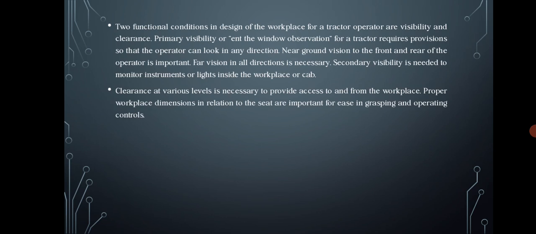Secondary visibility is needed to monitor instruments or lights inside the workplace or cab. Clearance at various levels is necessary to provide access to and from the workplace. Proper workplace dimensions in relation to the seat are important in grasping and operating controls.